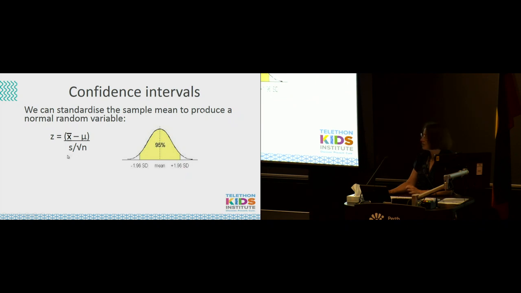This just converts every normal distribution to be centered around the value 0 with a standard deviation or standard error of 1. And it just means we don't have masses and masses of tables of stats. Of course, nowadays, it wouldn't make the blindest bit of difference because it's all just looked up on a computer.